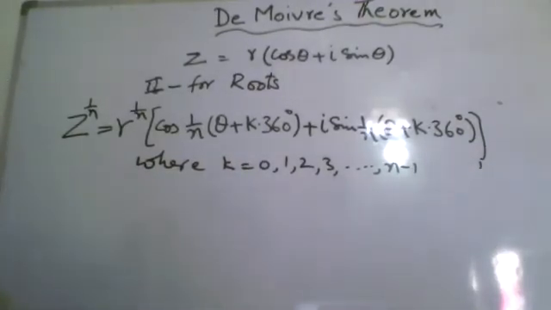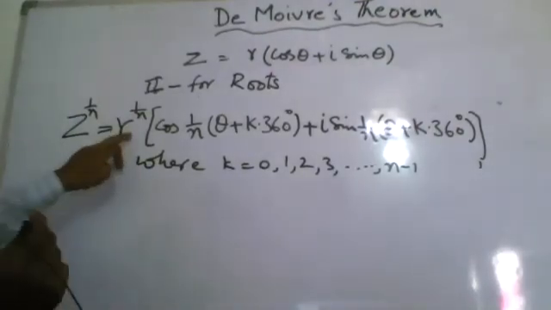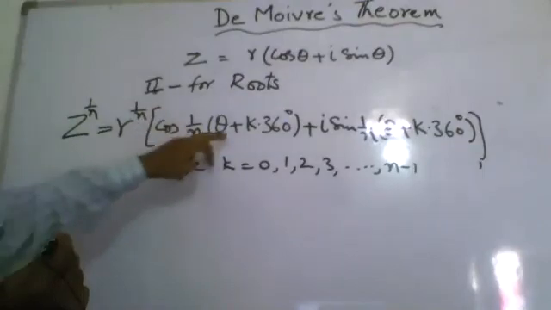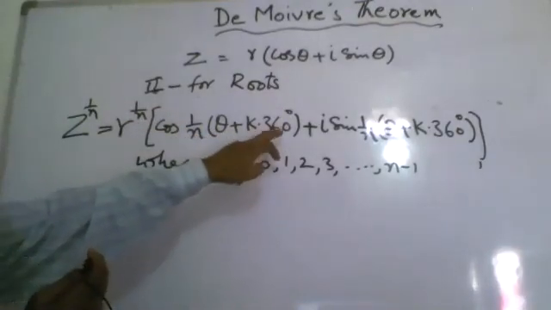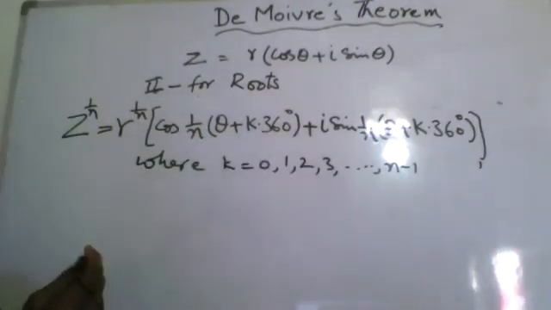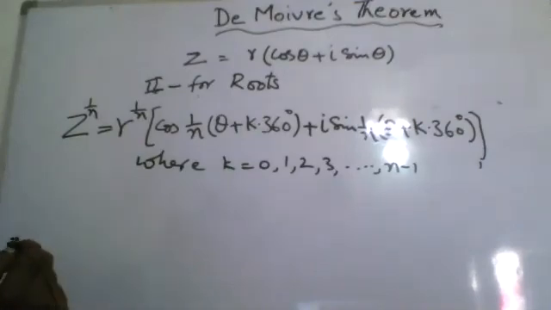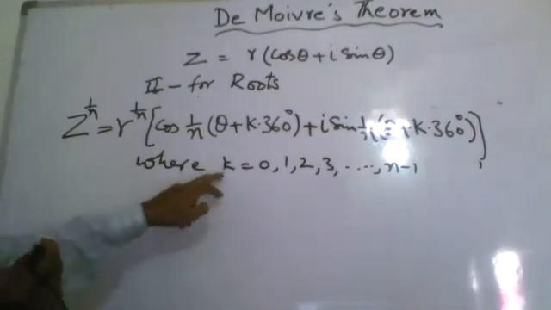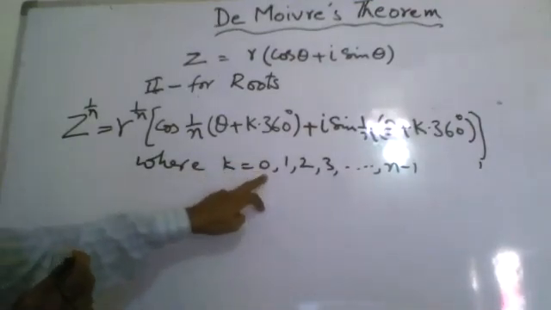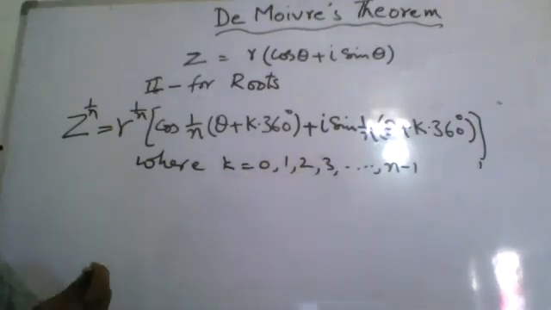Okay, so z raised to power 1 over n will become r raised to power 1 over n into cos 1 over n theta plus k into 360 degree plus iota sine 1 over n theta plus k into 360 degree. So this is the way. k will start from 0 and go up to n minus 1.